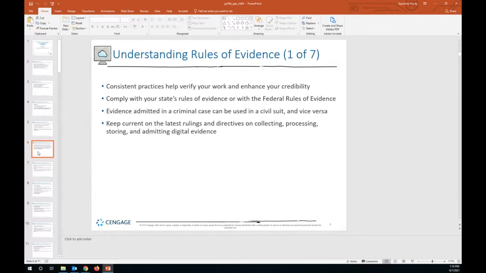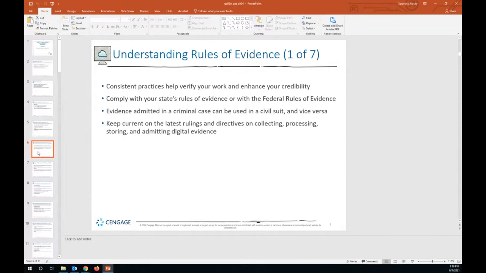We need to understand the rules of evidence. Consistent practices are going to help us verify our work and enhance your credibility. In addition to this, you should comply with the state's rules of evidence or with federal rules of evidence as well.